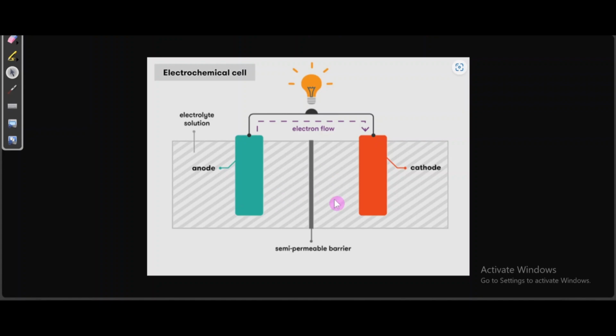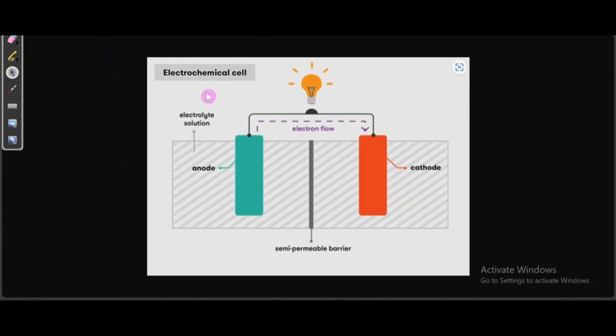Some process occurs inside this electrolyte, meaning some electrons are lost and some are gained at the anode and cathode, due to which some force is exerted on the electrons present in the wire. That force compels the electrons to flow in the circuit. When the electrons come into motion, the resistor here, the bulb, will turn on.